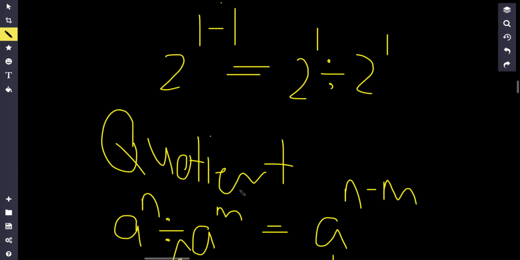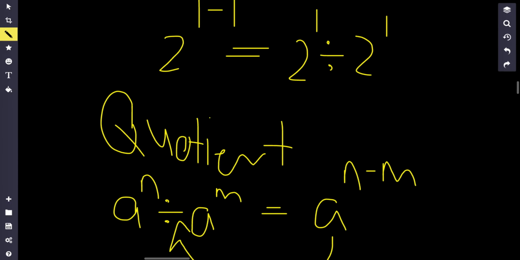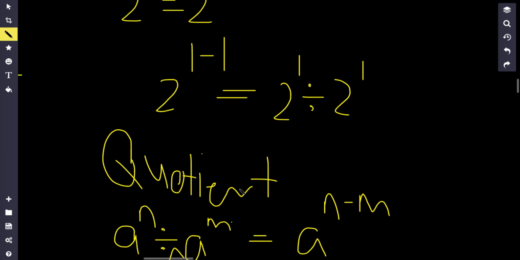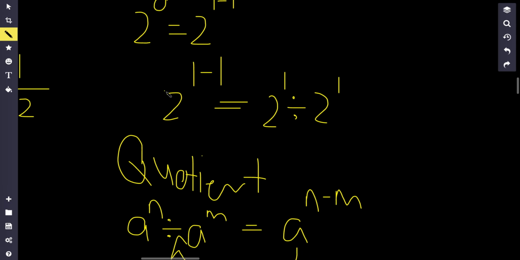And from the quotient rule, remember that when you have a to one exponent minus another exponent, n minus m, this is going to be equal to a to the n power divided by a to the m power. In this case, we have 2 to the 1 minus 1 power.